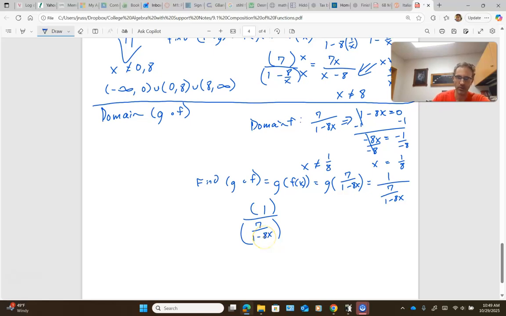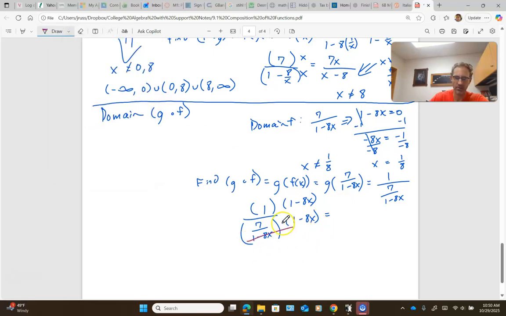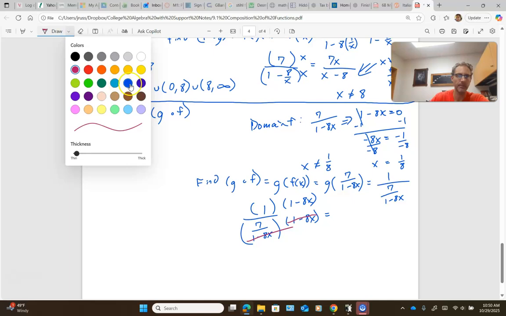In this case, it's 1 minus 8x. And, well, let's take care of the denominator first, because this 1 minus 8x will cancel this one, and it'll leave us with just 7 in the denominator.